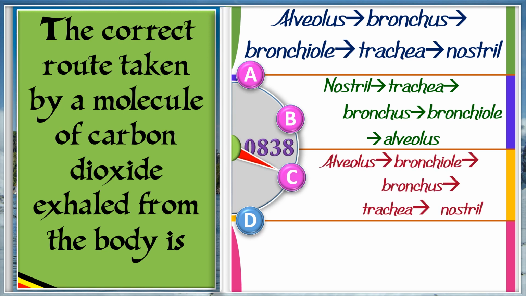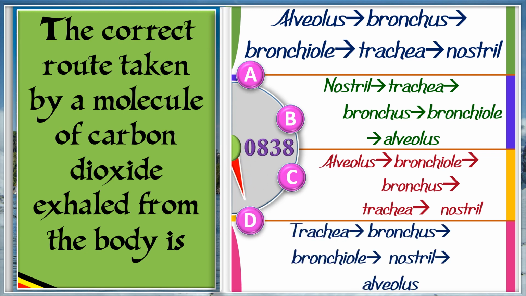C. Alveolus, bronchioles, bronchus, trachea, nostrils. D. Trachea, bronchus, bronchioles, nostrils, alveolus. And the answer is C. Alveolus, bronchioles, bronchus, trachea, nostrils.